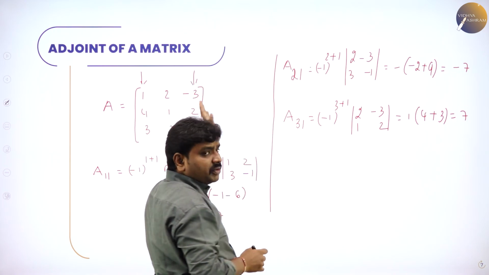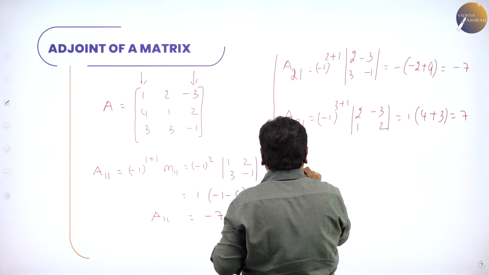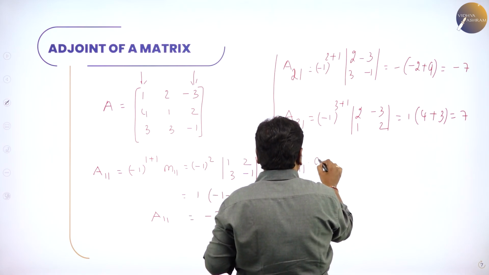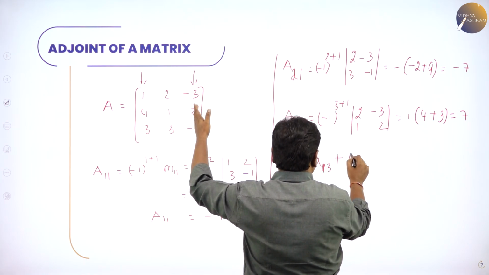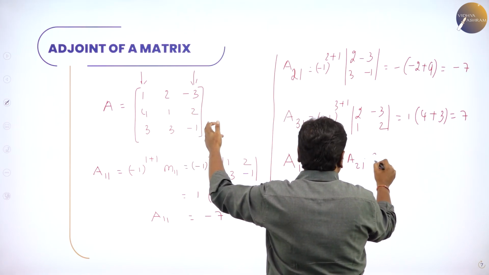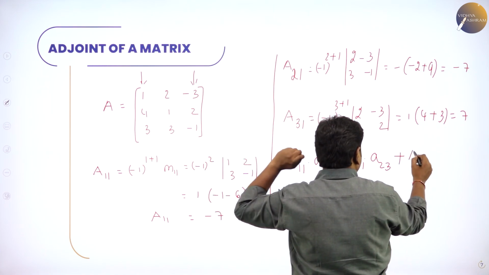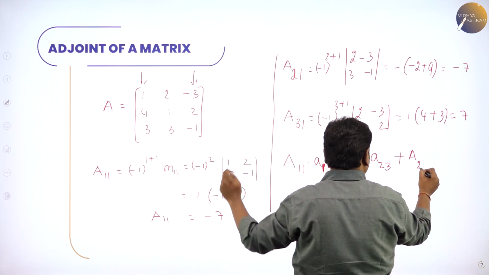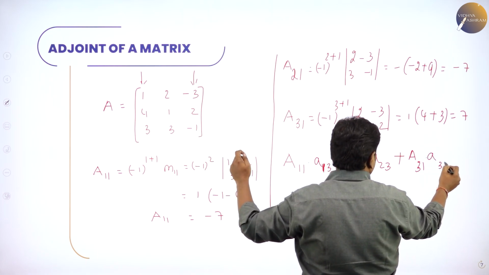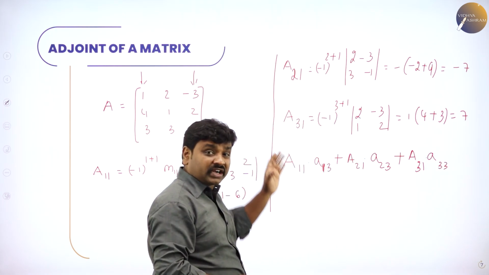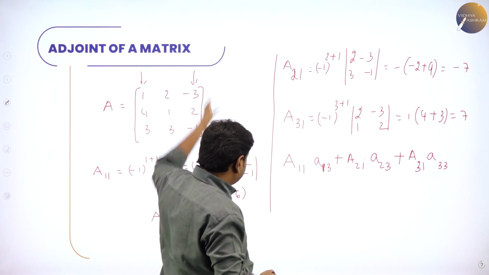After finding A31, I'll multiply with any column. I'll multiply with the third column and add. What I'll do is find A11 into A13 plus A21 into A23 plus A31 into A33. I am multiplying the cofactors of the first column with the elements of the third column.